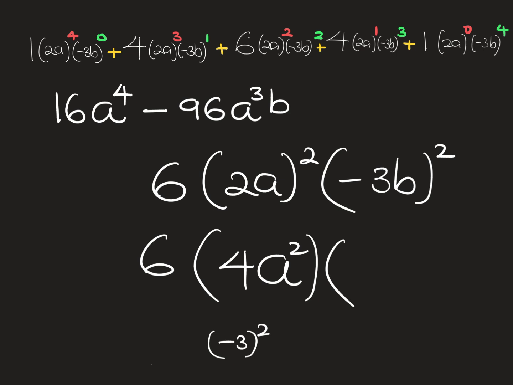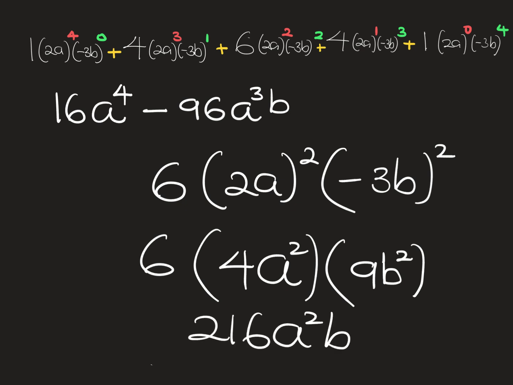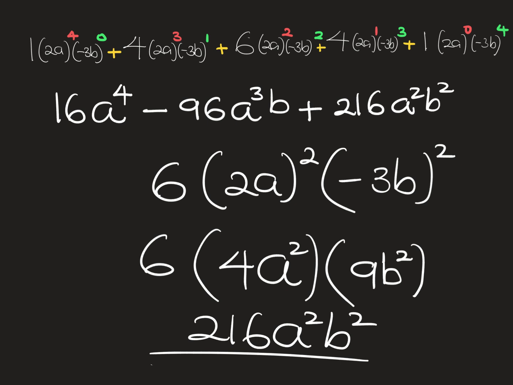That is 9, and b to the power 2 is b squared. If we multiply 6 by 4 by 9, we'll have 216a to the power 2 b to the power 2. Because it is a positive value, that will be plus 216a to the power 2 b to the power 2.